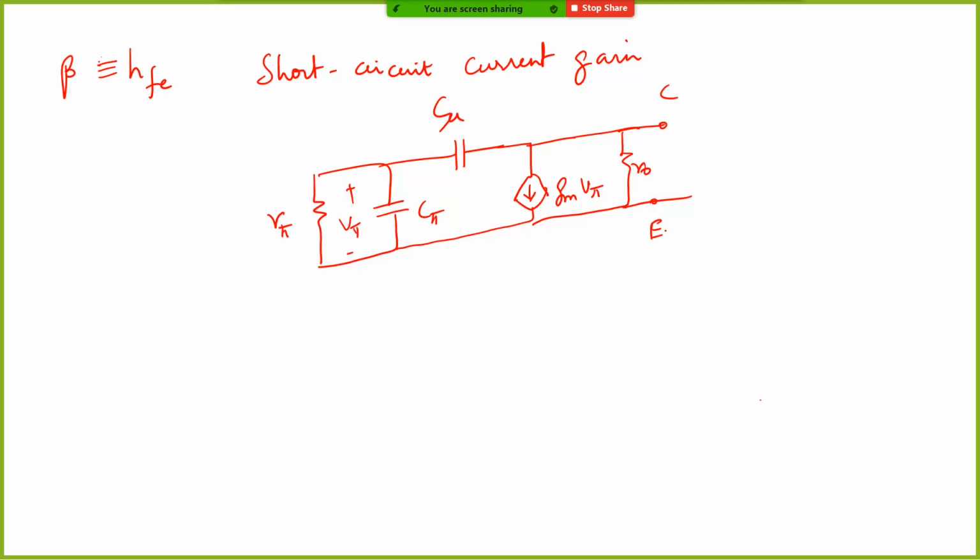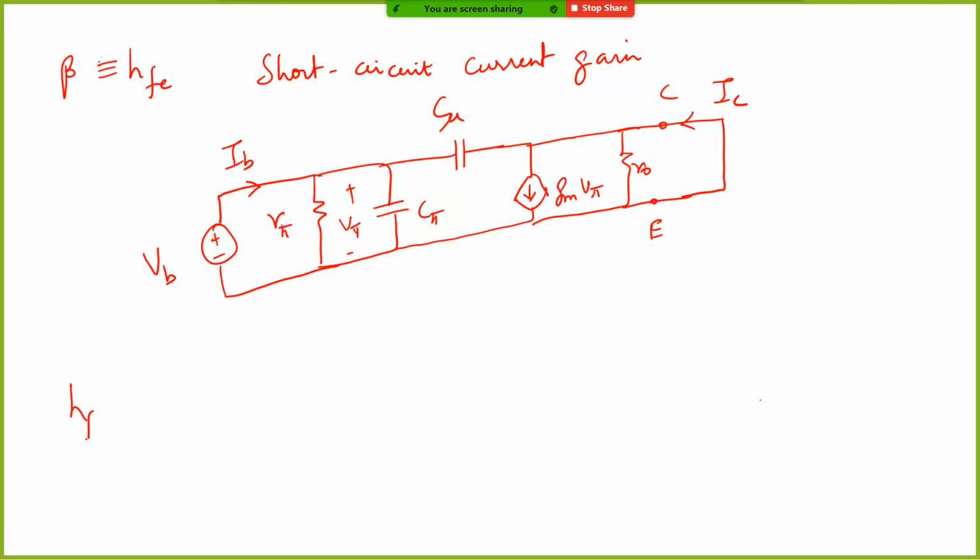In order to measure the short circuit current gain, I'm going to give a certain excitation here, some VB. I'm going to measure IB while short circuiting the output. By short circuiting, I have connected the collector and the emitter together, and I'm going to measure this collector current.